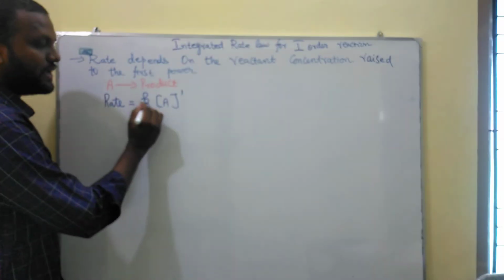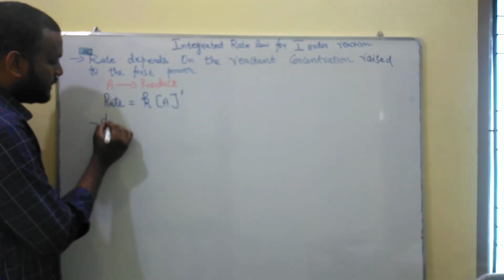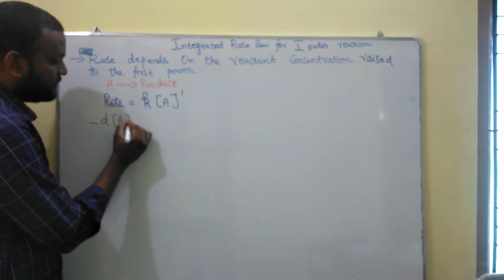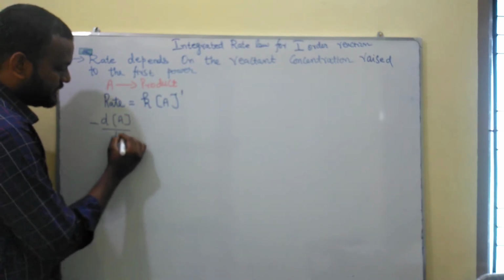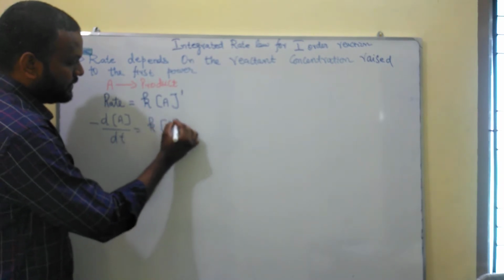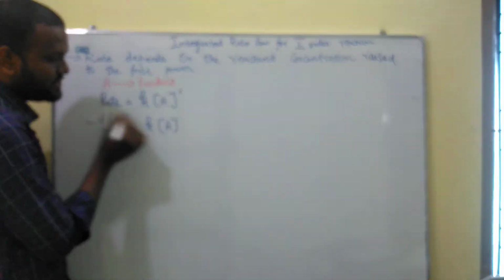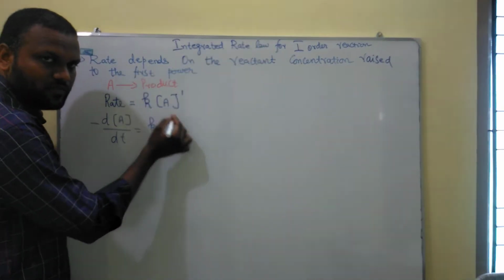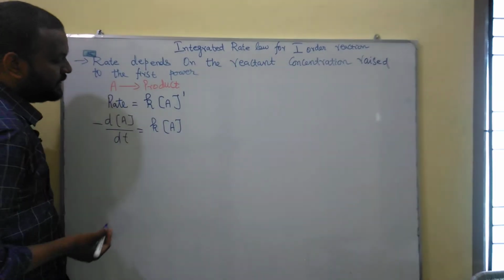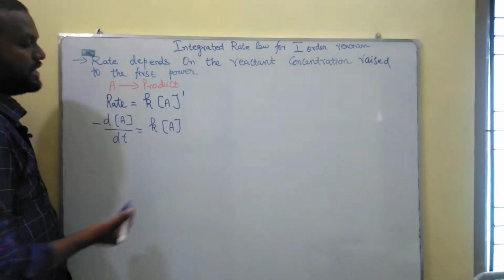We know rate is nothing but the change in concentration of A with respect to change in time, which is equal to K times A. Here K is the rate constant, A is the concentration of reactant, and the power should be 1 because it is a first order reaction.